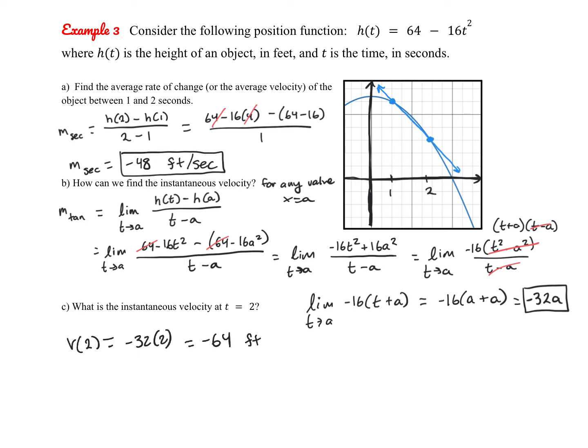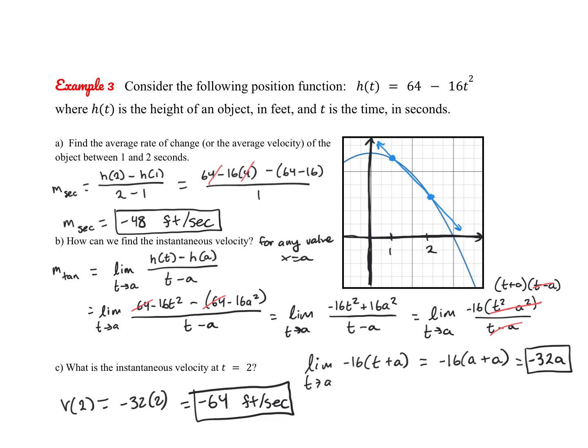And again, our units would be feet per second. So for the average rate of change, we just found the slope of that secant line. And here we found the slope of our tangent line with a general value x equals a. You can use that to give you the instantaneous velocity at any t value you want.